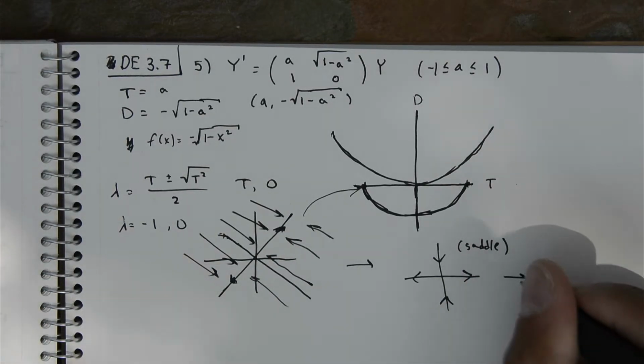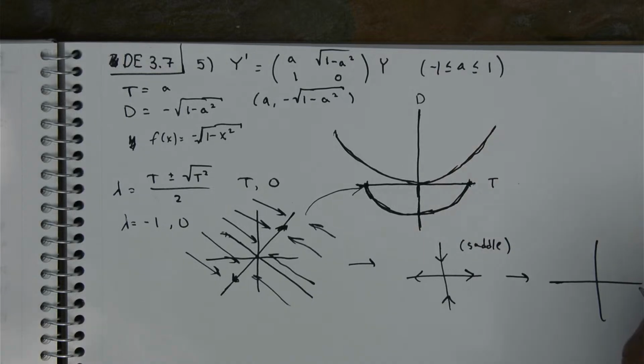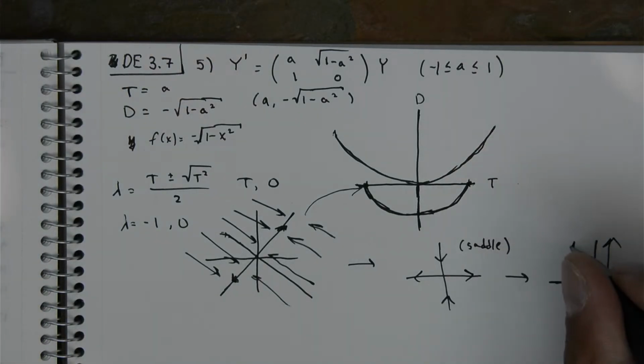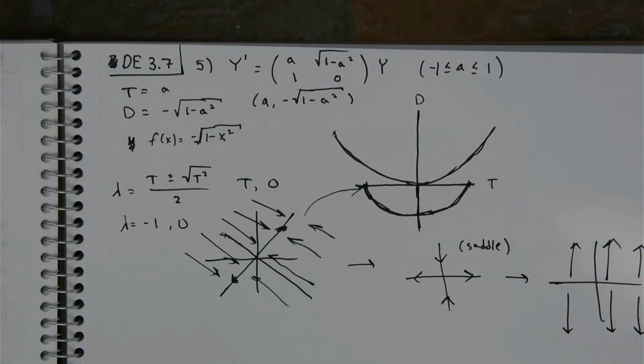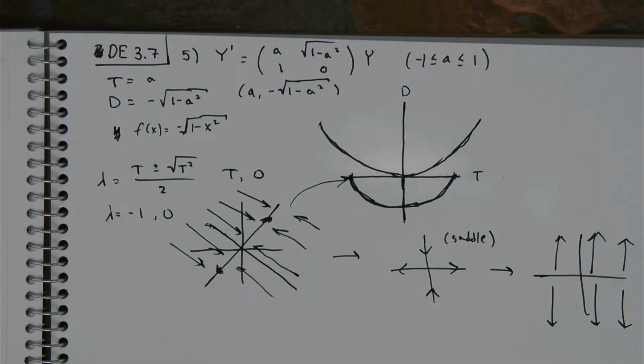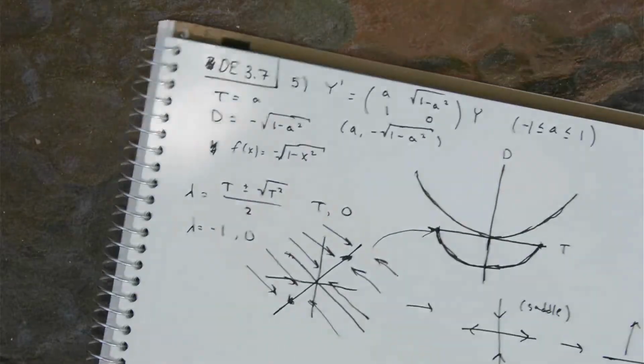And then it's going to go back into this type of thing where we run away from one of the eigenvectors. So that's what I think. Let's see if I'm right.